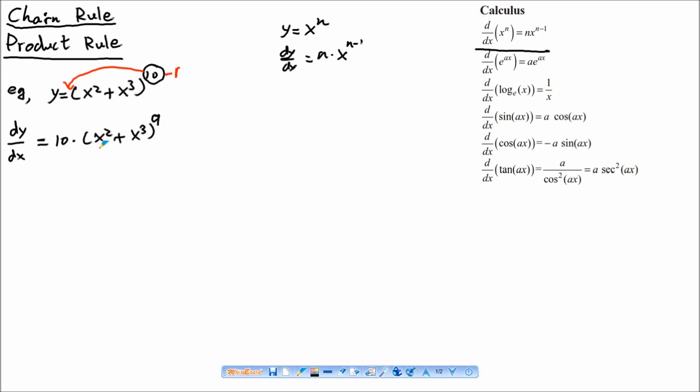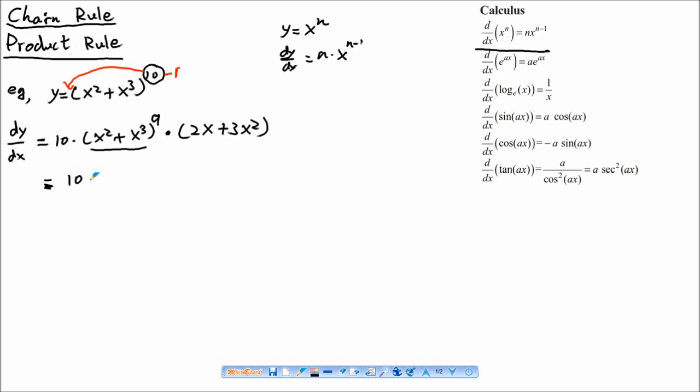Whatever is in the bracket doesn't change, and times the differentiation inside the bracket, which is bracket 2x plus 3x squared.